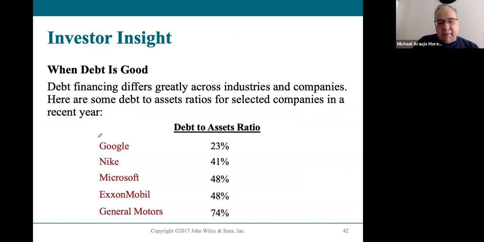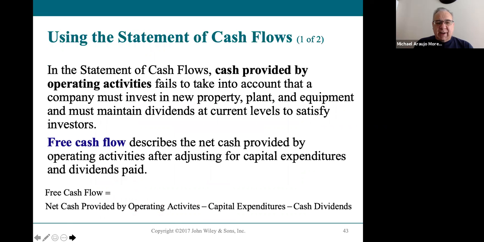And again, every company will have different debt to asset ratios. Again, this doesn't bother me that GM has a very high one. It doesn't bother me that even ExxonMobil has a relatively high one as well, because they just have a lot of equipment. They just do. And most of that is financed with debt.